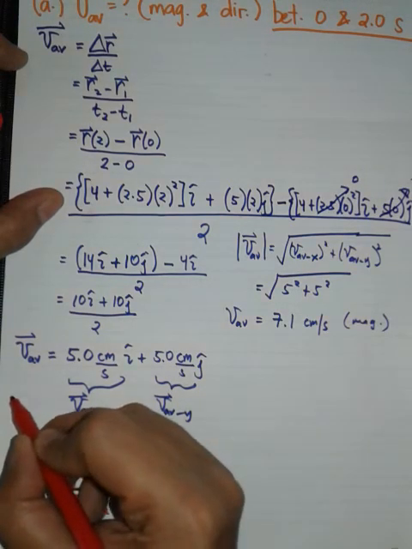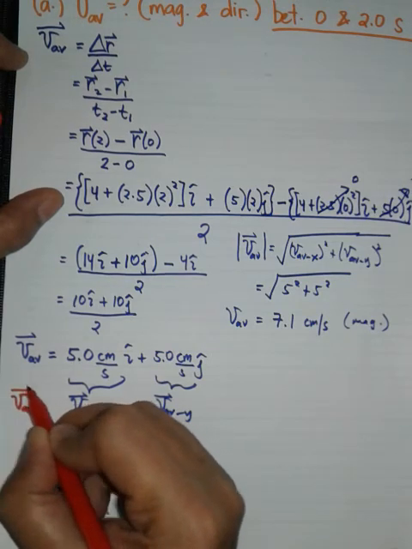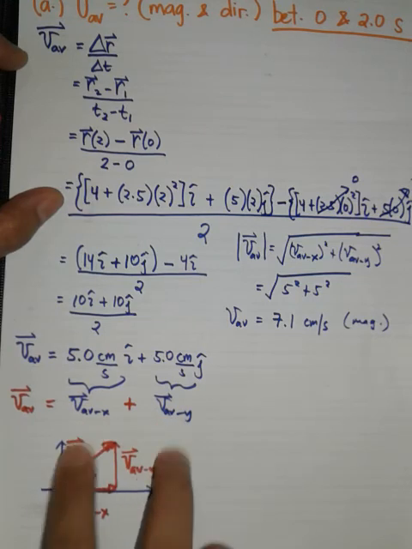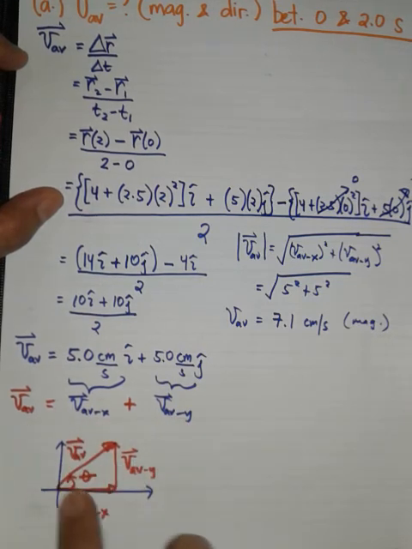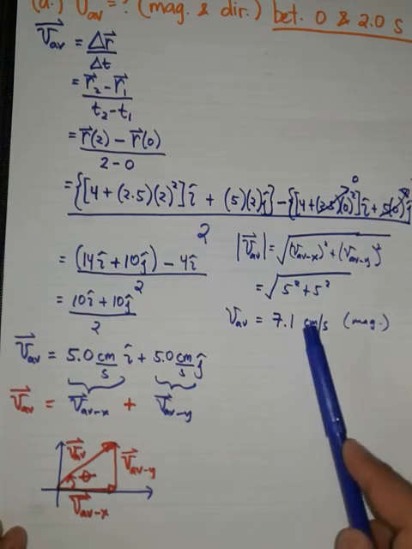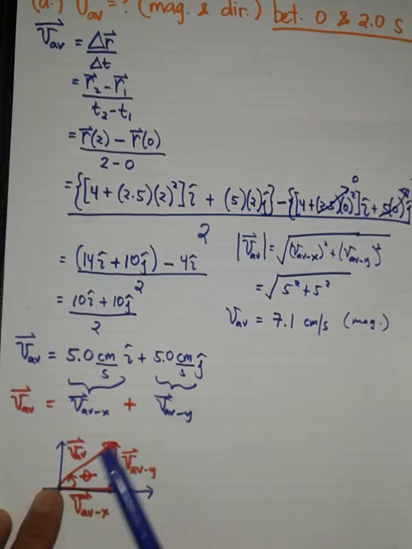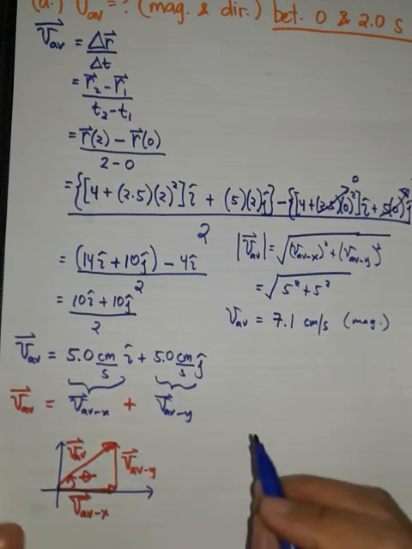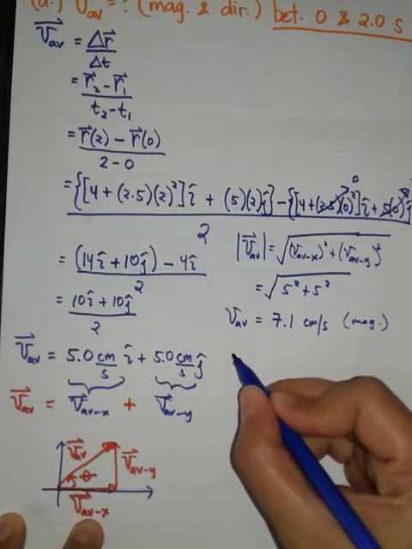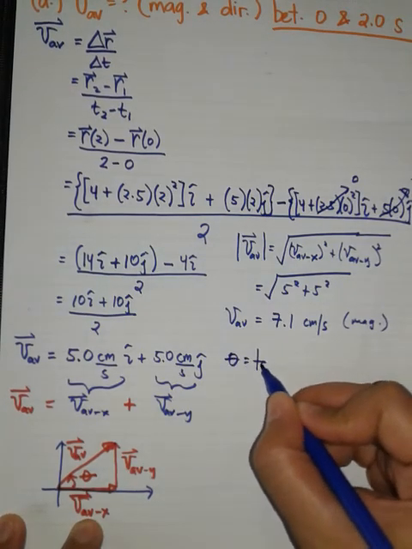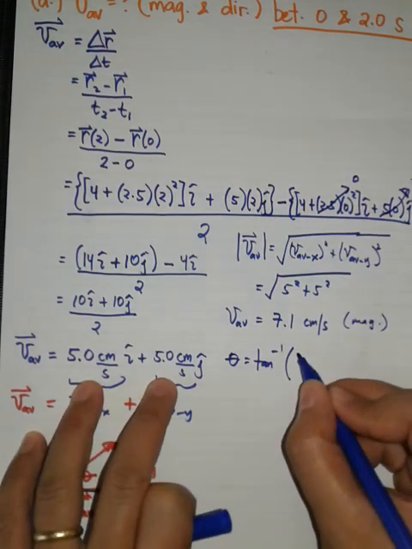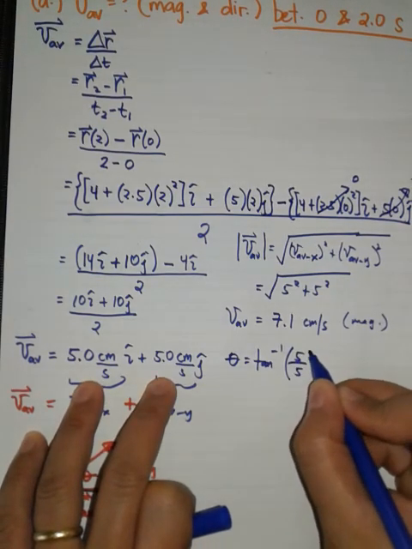So take note that in component form, v average is the vector sum of these two components. Kaya, ang resultant nila itong hypotenuse. Tama ba? So, we already solved for the magnitude of this hypotenuse. It's 7.1. For the direction, it's just opposite is y, adjacent is x. So, I'll say that theta is arctan, and then we will always use the positive magnitudes here.